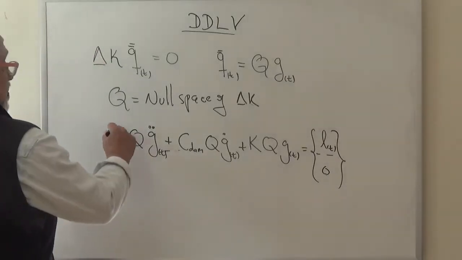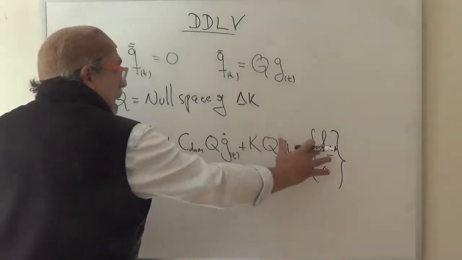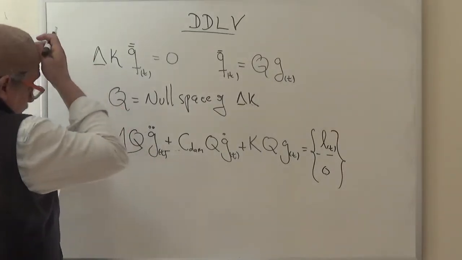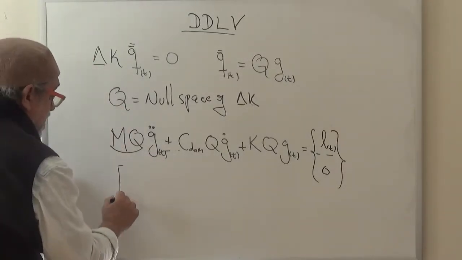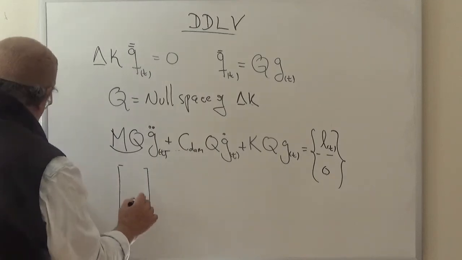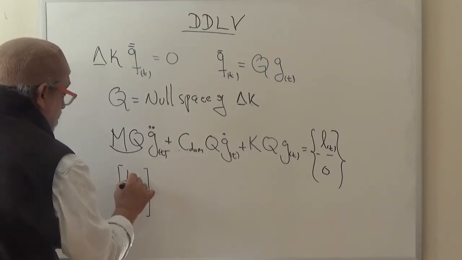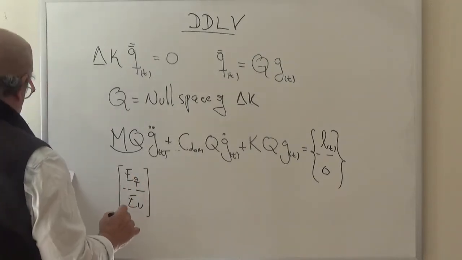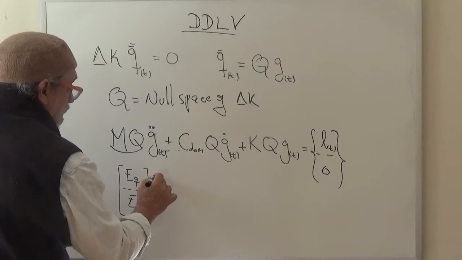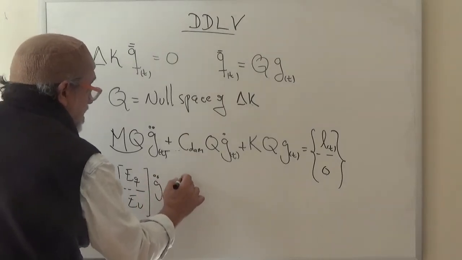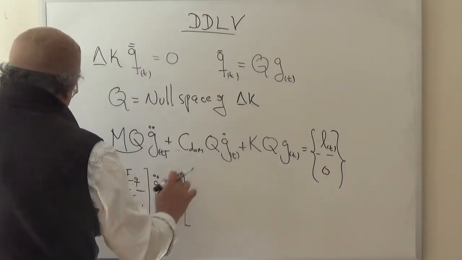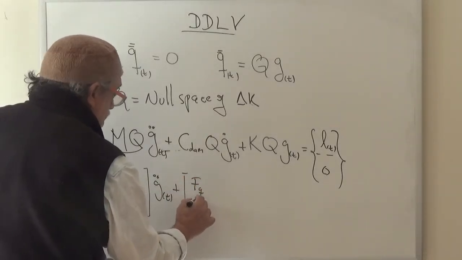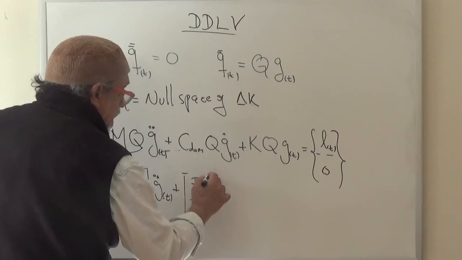Now, in order to make the left side compatible with the right side, I'm going to write this product as a matrix like this and call the upper partition EQ and the bottom partition EU. So this is that times G double dot of T plus C damping times Q. Let's write it also as a double partition of, let's say, FQ and FU.